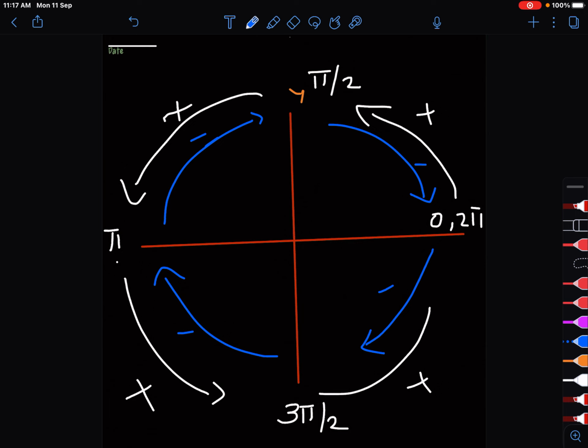So whenever you're going from 0 to pi by 2, it is plus, you'll get all positive here. Here sine and cosec are positive, here tan and cot will be positive, and here cos and secant will be positive. The rest all will be negative. Understood?